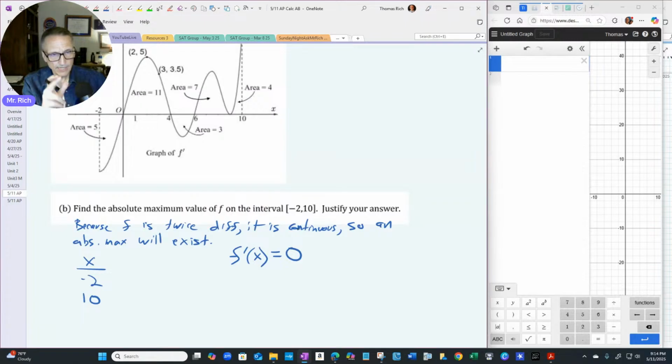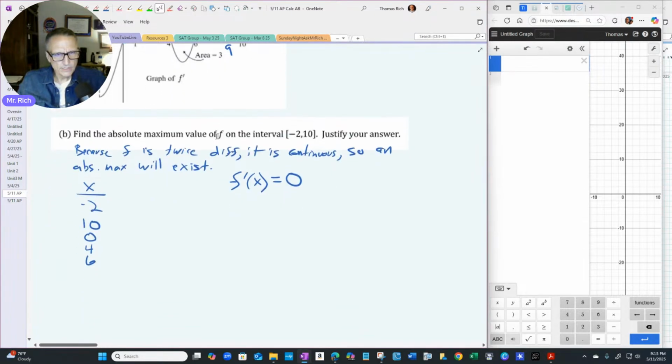Looking at the f prime function, we are going to include 0, 4, 6, and 9, because that is where our derivative is 0.